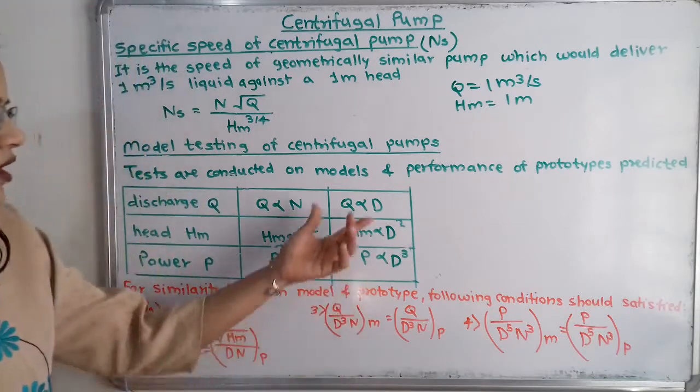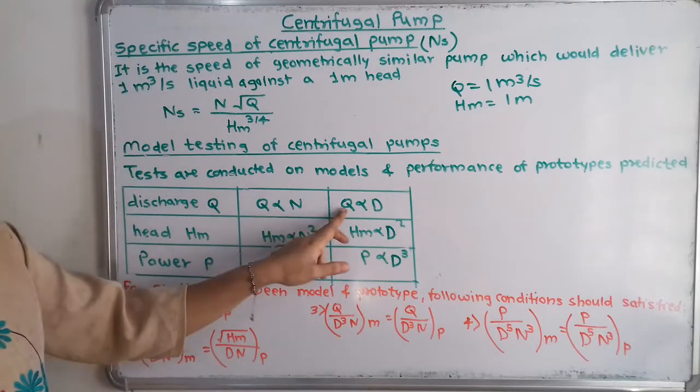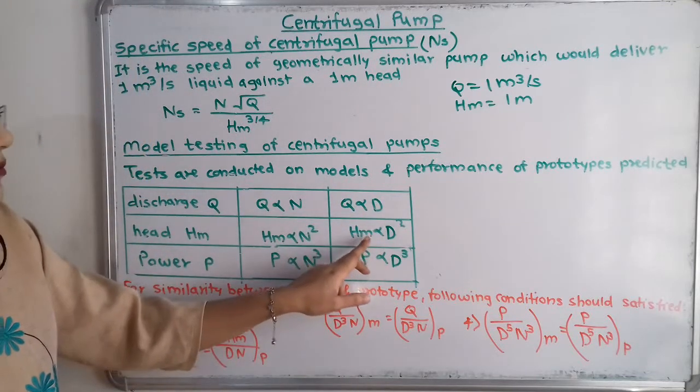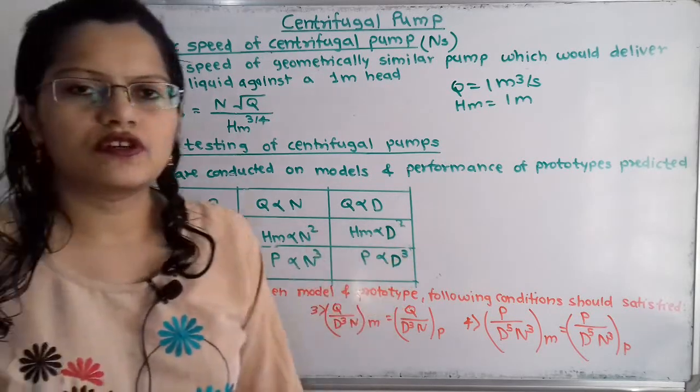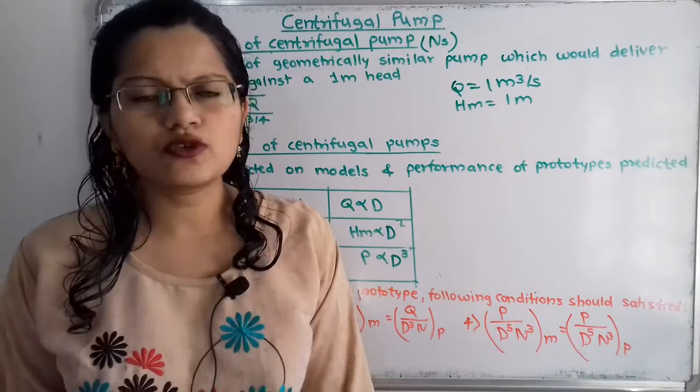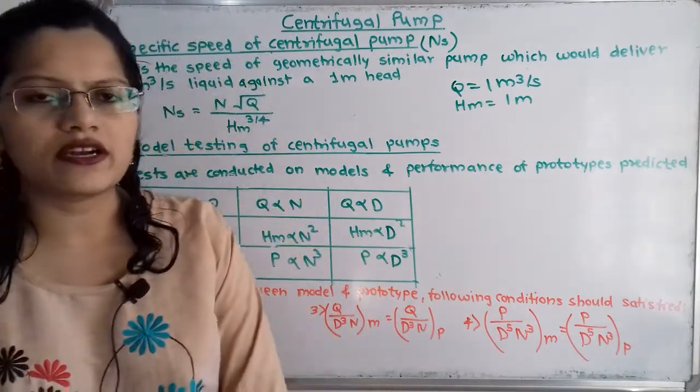In the same way for the diameter D, Q is directly proportional to D, Hm is directly proportional to D square, and P is directly proportional to D cube. This is the relation that we have to understand.